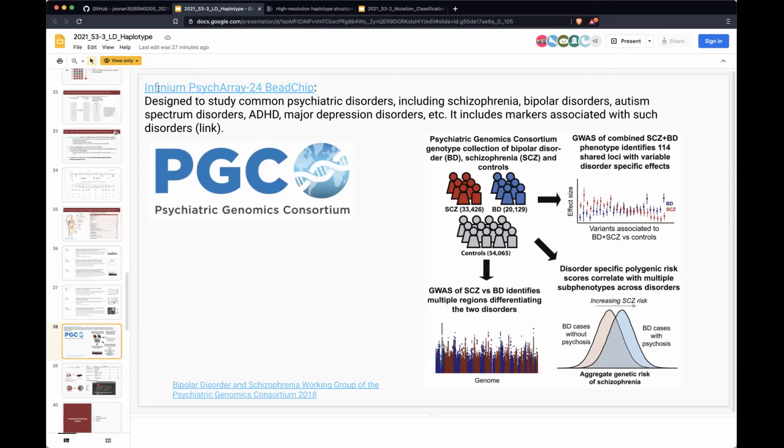They designed their own array, the Infinium PsychArray, which is 24. This again covers lots of different psychiatric conditions in the world, and this is one of the leading genomic consortia in the world.